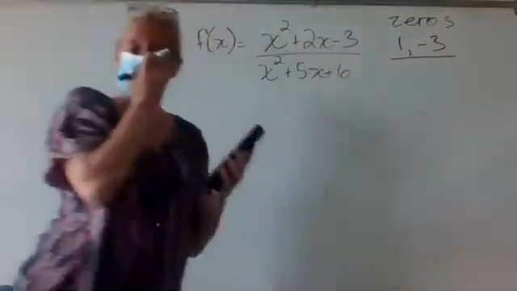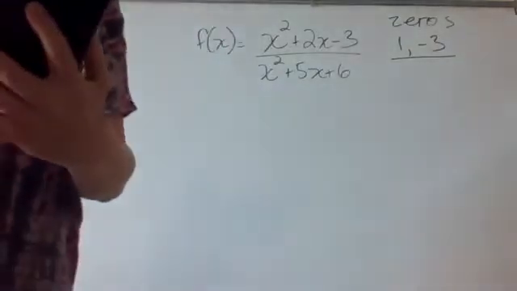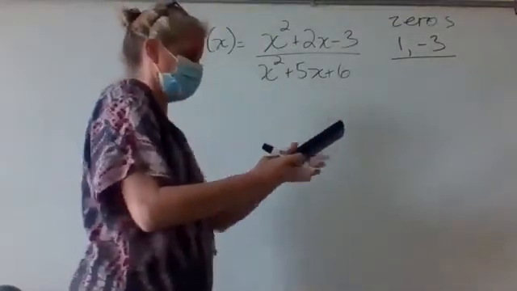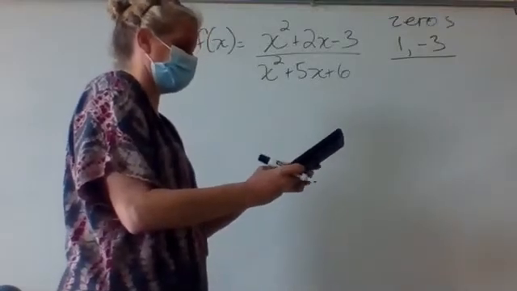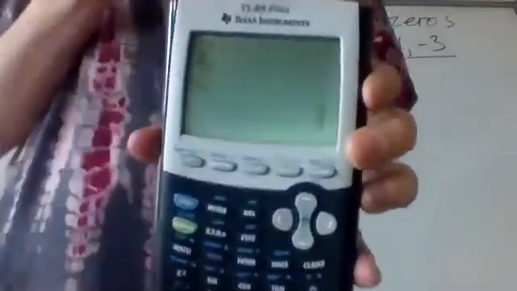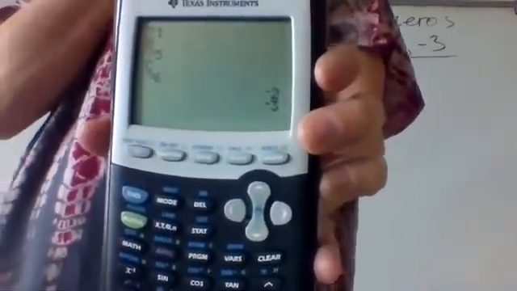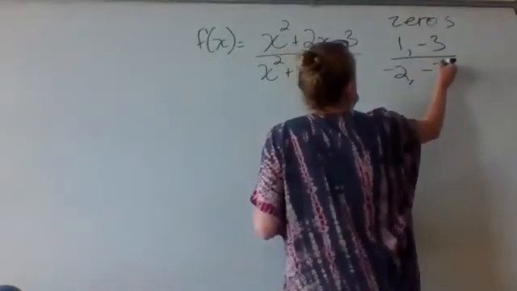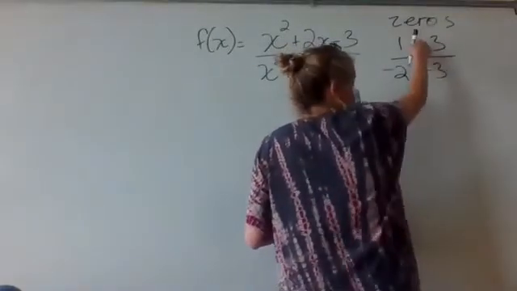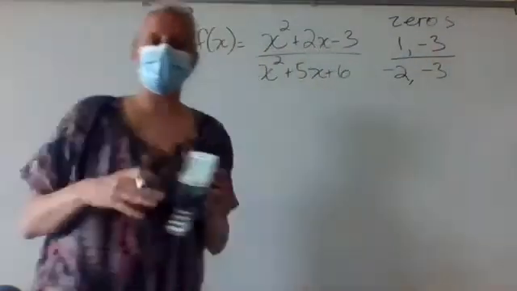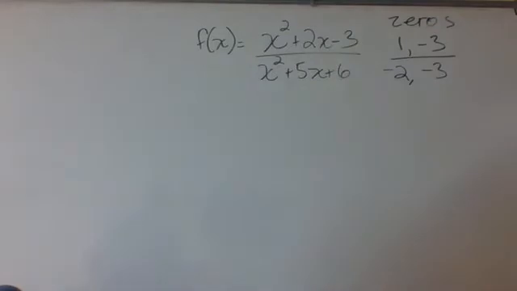There's the zeros of the numerator. I'm going to do the same thing on the denominator. Its A is 1, B is 5, and C is 6. So its zeros are -2 and -3. So this gives me something I need to pay attention to, right? They do have zeros that are the same, so that's going to mean something later.